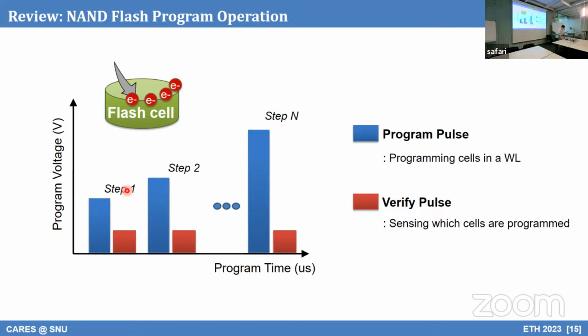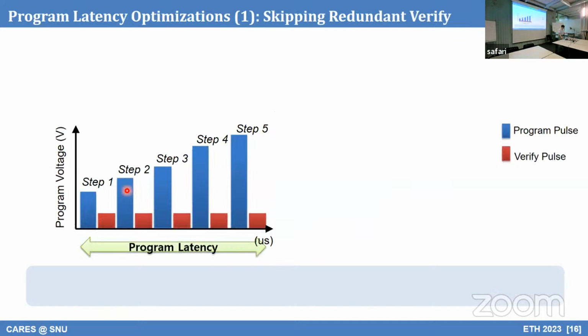Okay, so I'll use process similarity in achieving smaller program latency. The left-hand side picture shows the default program pulse and verify pulse sequence. Let's assume it required 5 steps.